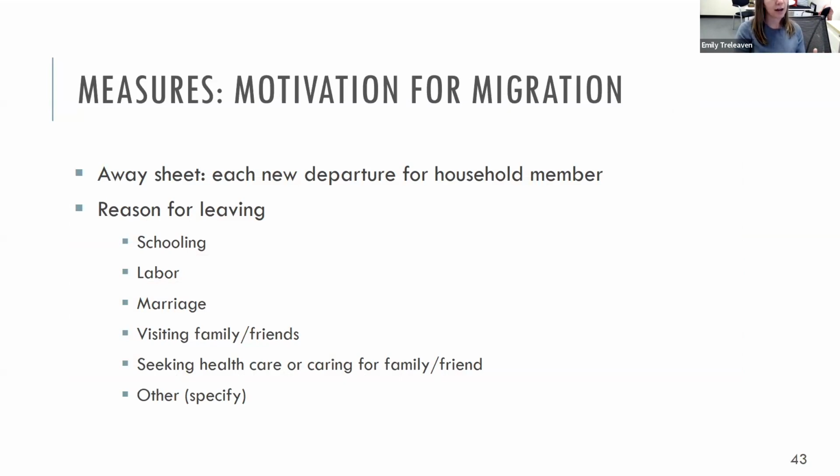The reasons include schooling, labor or work, marriage, visiting family or friends, seeking healthcare or caring for a family or friend, or other with a specified field. And so this variable could be used to generate dichotomous or categorical variables related to a person's reason for migration. So a person might want to generate a binary indicator of whether someone migrated for labor versus another reason, or a categorical measure of the actual motivation.